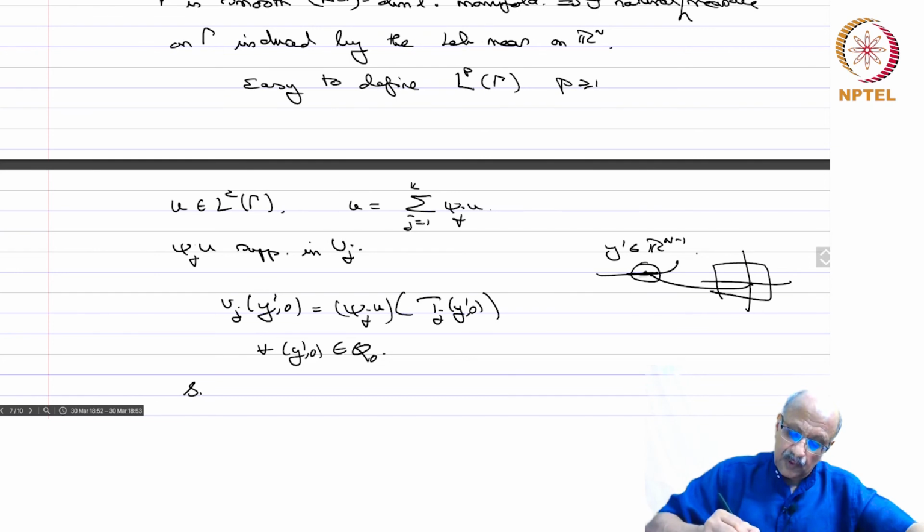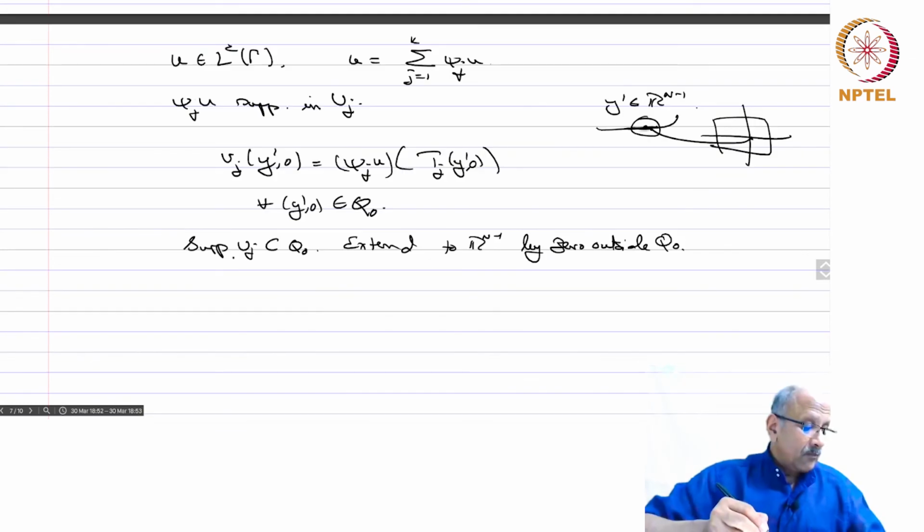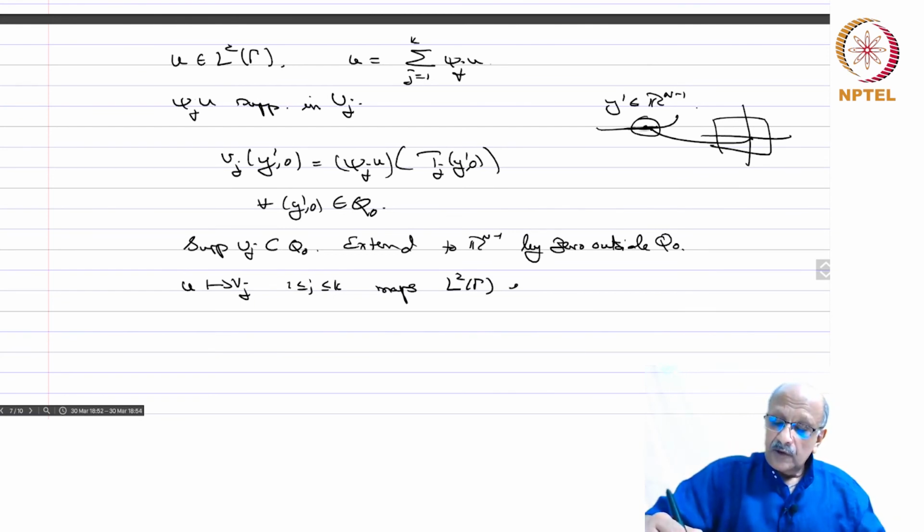Now the support of Vj is contained in Q0, so extend to Rn-1 by 0 outside Q0. The map u to Vj, for 1 less than or equal to j less than or equal to k, takes L2 of Gamma into L2 of Rn-1.